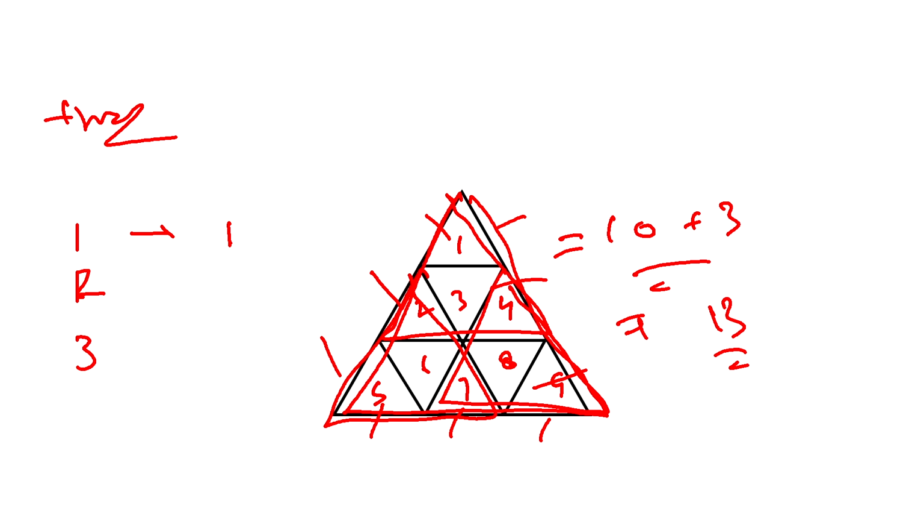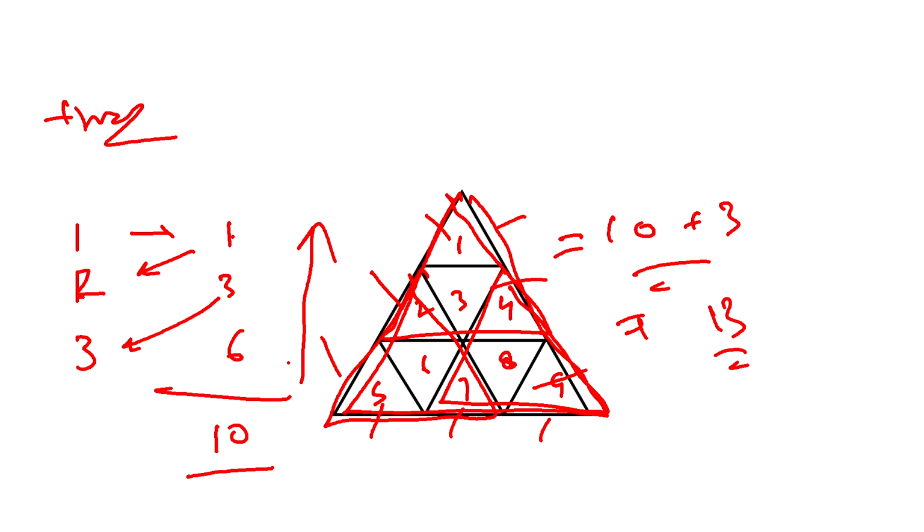Just copy one over here and add 1 plus 2, this becomes 3, and 3 plus 3, it becomes 6. Now add all of them, this becomes 6 plus 3 plus 1, 10. Okay, now go from bottom to top and just leave the first digit and take the second one and leave the third one, so just take, it becomes 13.